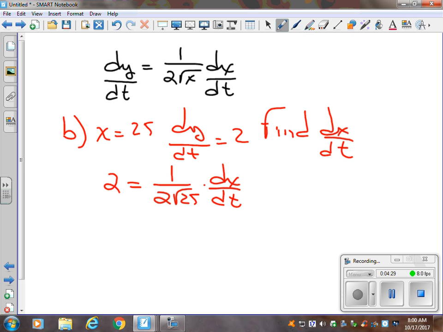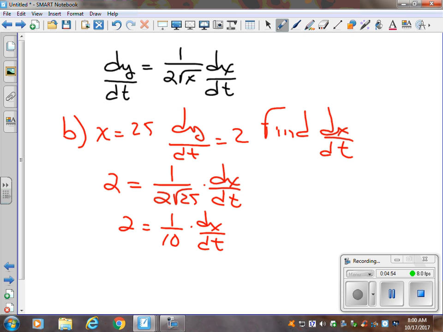But we know what the square root of 25 is. What is that? Times that. So that means I've got 2 equals 1 over 10 times dx over dt. How do I get rid of that fraction? I don't know how to divide. Flip multiply. So when I realize I don't know how to divide, I just flip multiply.